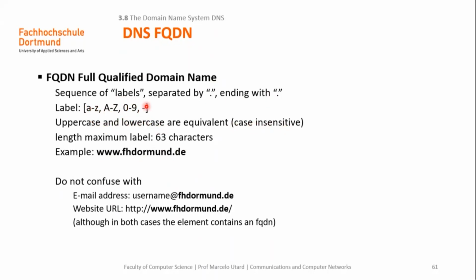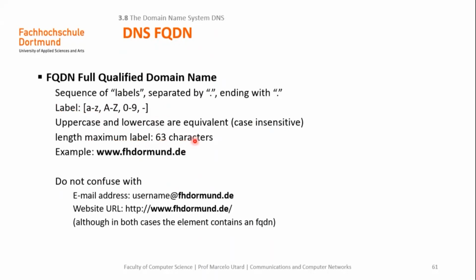Some other characters are permitted, but in the first specification, only those are the characters that could be used to write a label. The maximum label size is 63 characters.